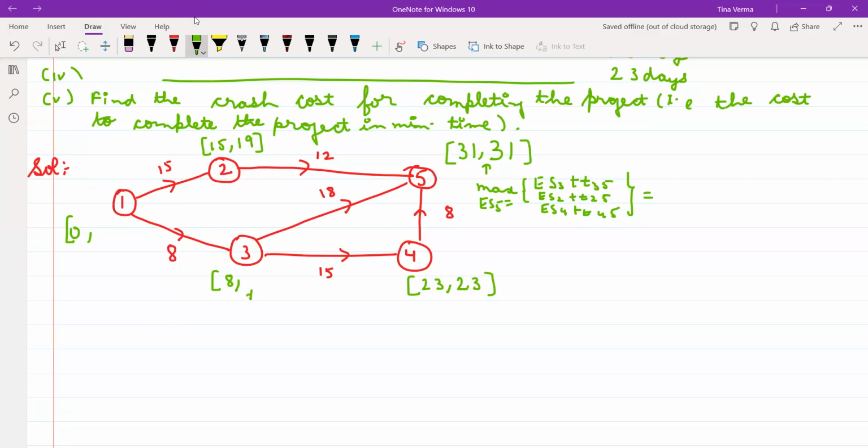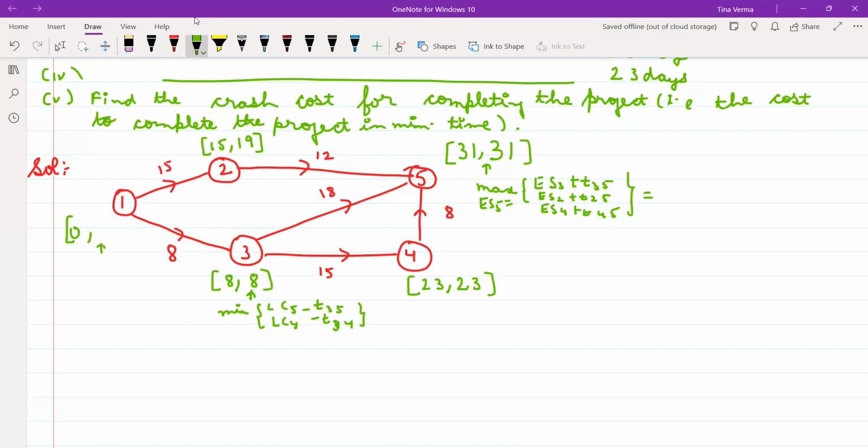Third activity is coming from 5th activity. That means LC 5 लूंगी और LC 4 लूंगी. माइनस क्या करूंगी? T4 5 माइनस, सॉरी, थर्ड एक्टिविटी का निकाल रहे हैं. माइनस T3 5 and it will be T3 4. So it is coming, minimum is coming out to be 8.